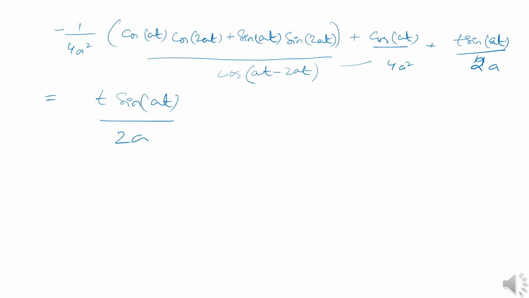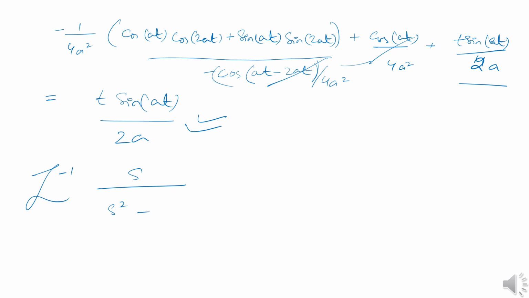So it will be cos of AT over 4a squared with the negative sign, so this will cancel and we will be left with this function only, that is t sine AT over 2a. So the Laplace inverse transform of s over s squared plus a squared whole squared is equal to t sine of AT divided by 2a.